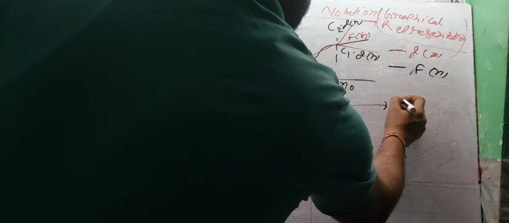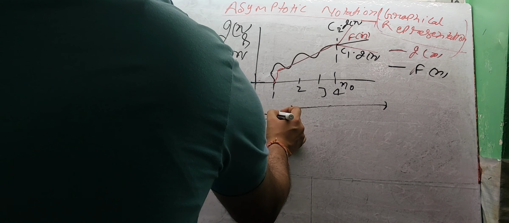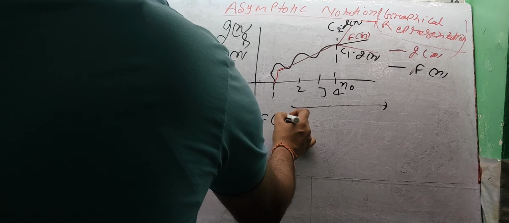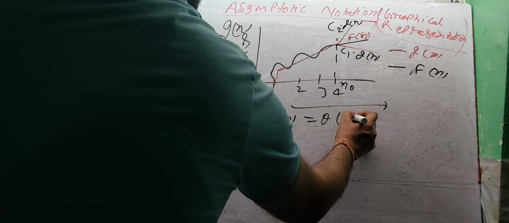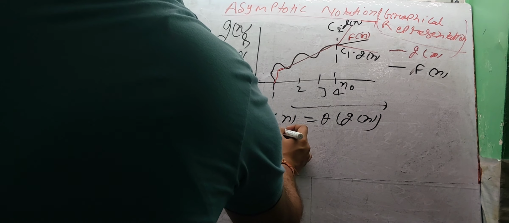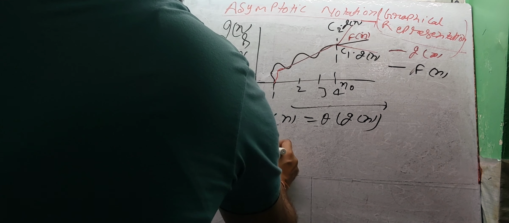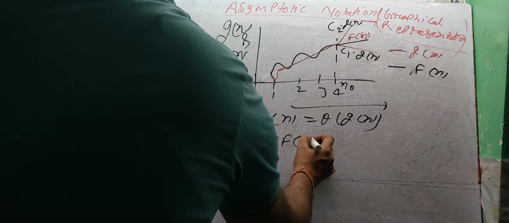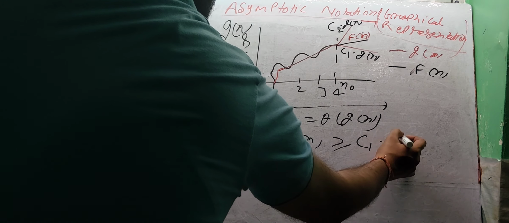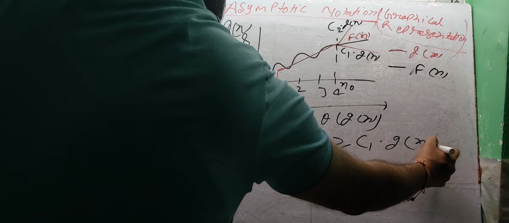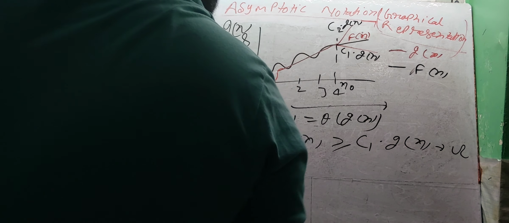Here is the number of inputs. This can be written in equation form. F of n equals theta of g of n. First, f of n should be greater than or equal to c1 dot g of n. This is nothing but omega.